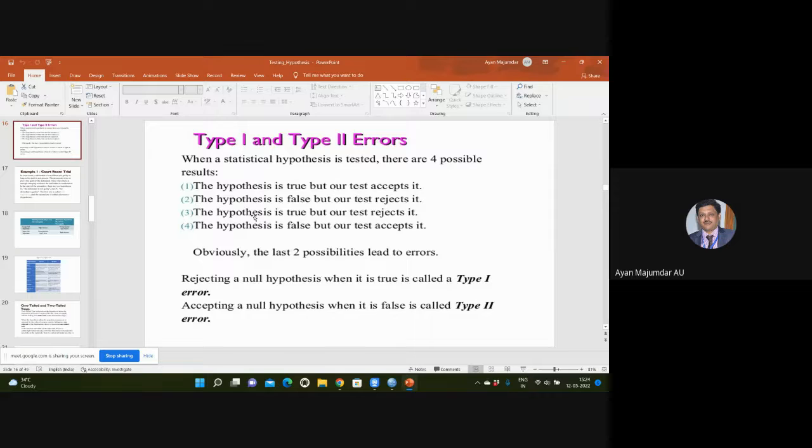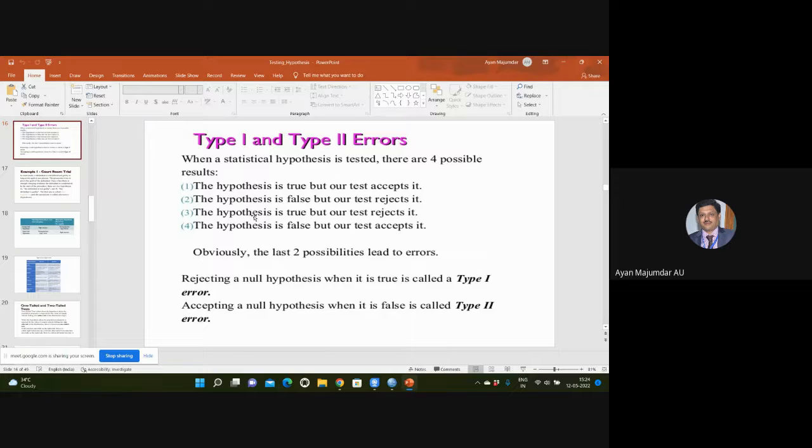So this third and fourth case, there is a problem. The third case, when the hypothesis which you have taken is actually true, but the test result rejects it, that is known as type 1 error. And in the fourth case, where the hypothesis which you have taken, that is actually false.